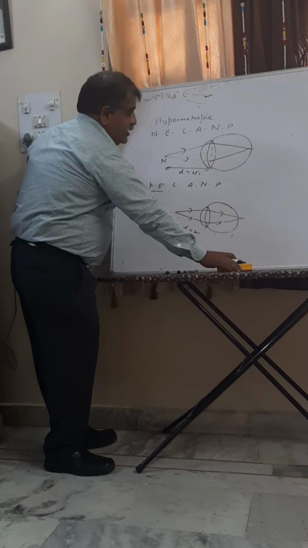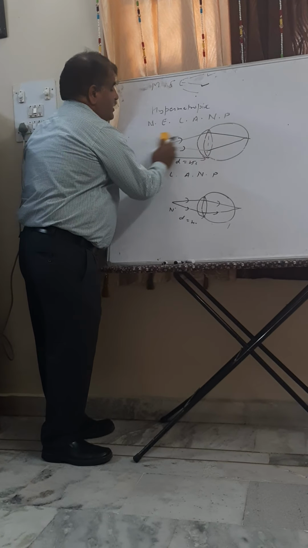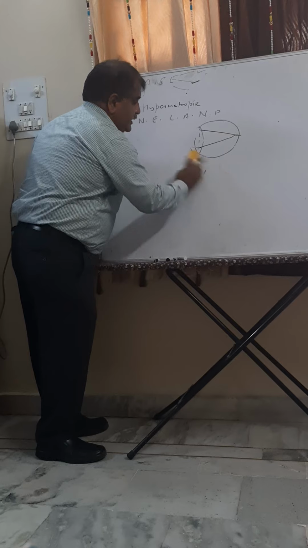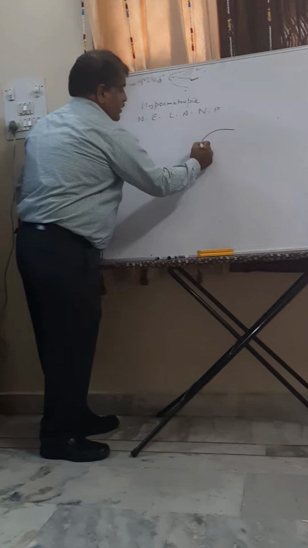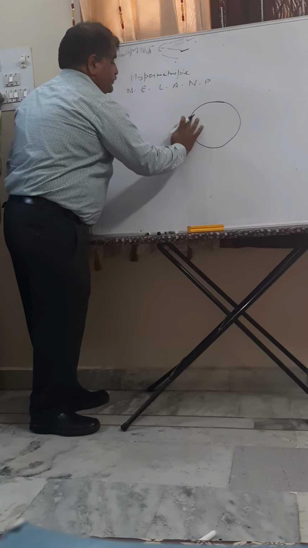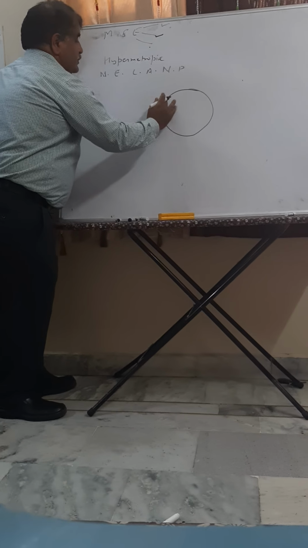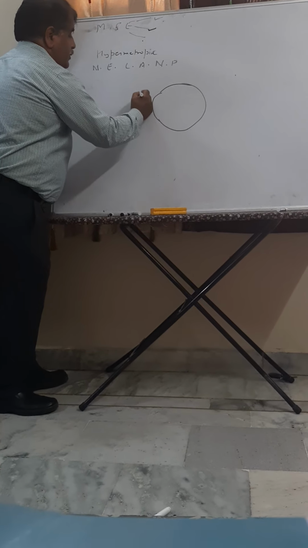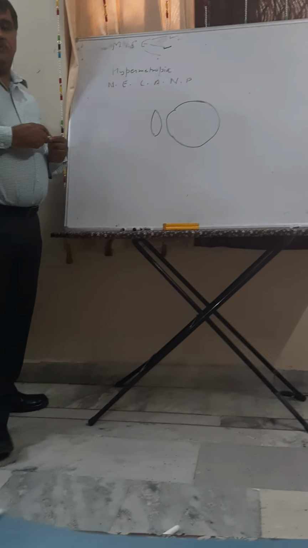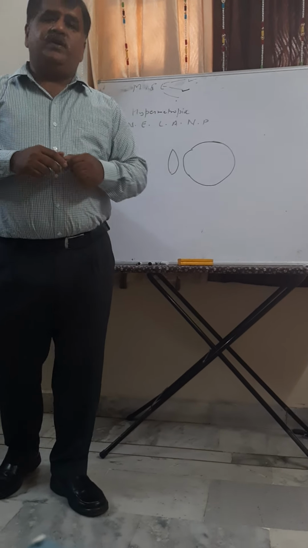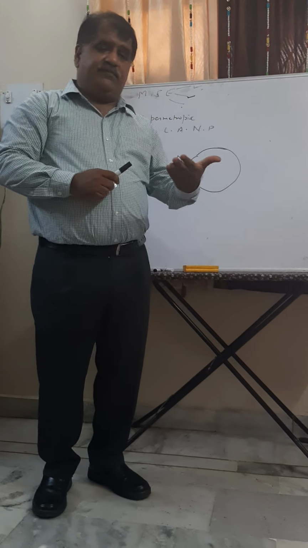Let us understand. As I told you, we'll do the correction with the help of a convex lens. What is this convex lens doing for us? Let us say I have to read a notebook in my hand.